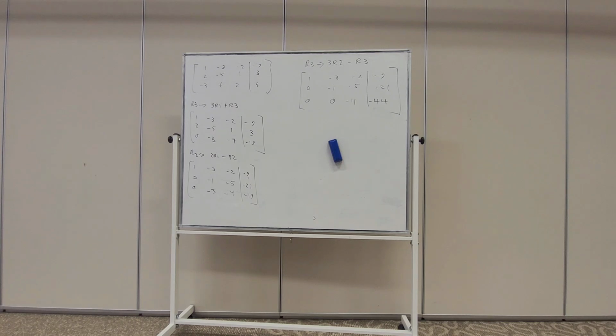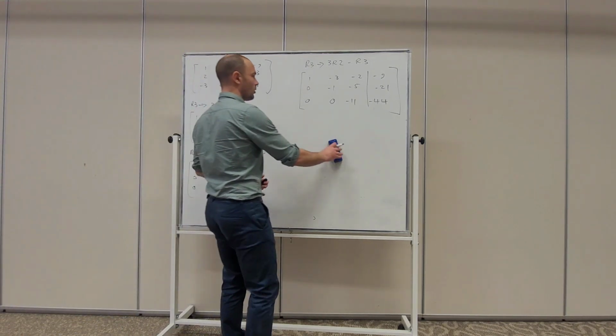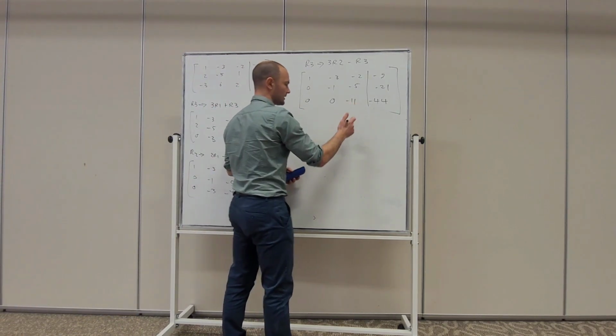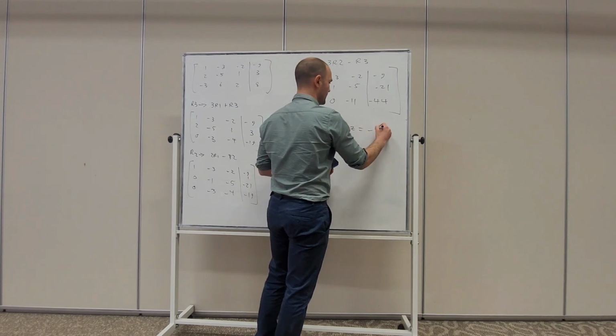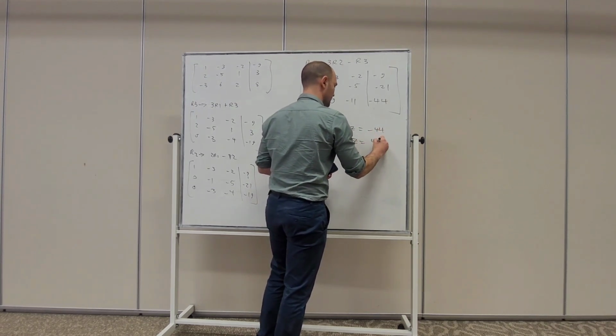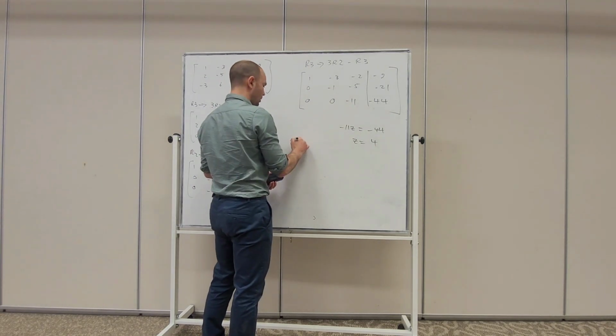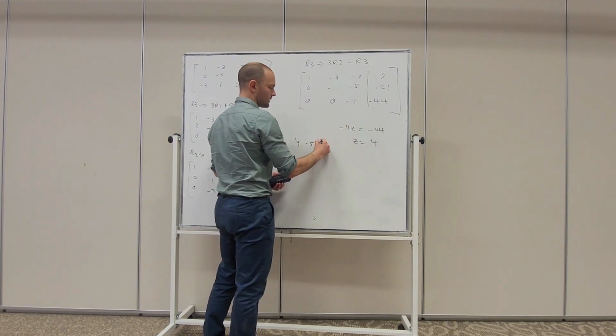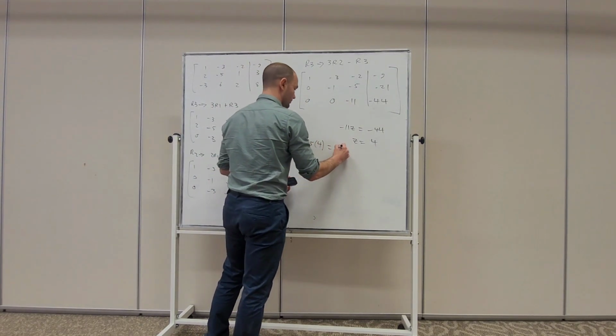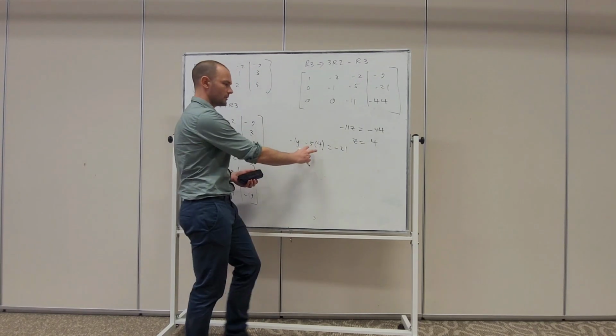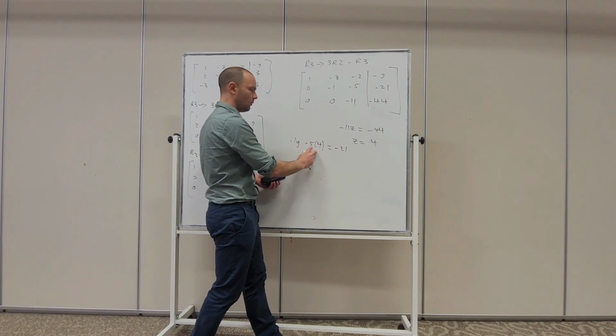So let's solve it. What we have is minus 11 lots of z equals minus 44. So the z value is positive 4. All right, then I have minus 1 lot of y, take 5 lots of the z value, equals minus 21. So minus 20, so we get y is positive 1.